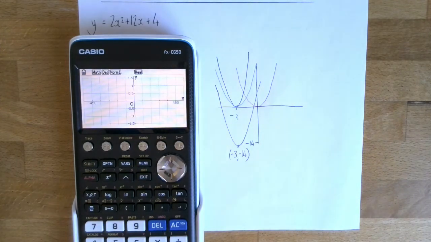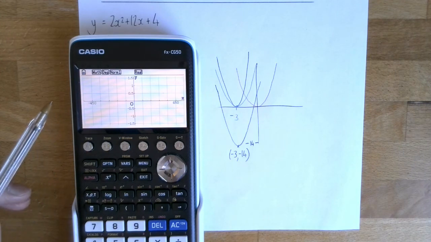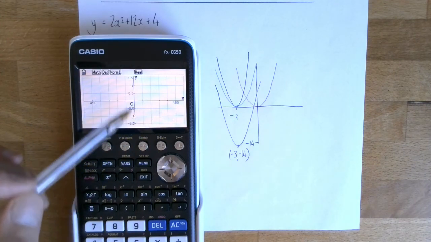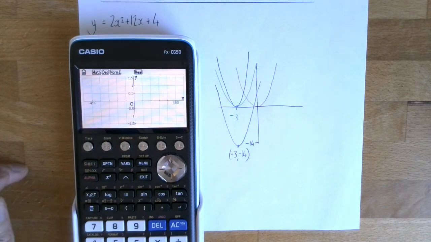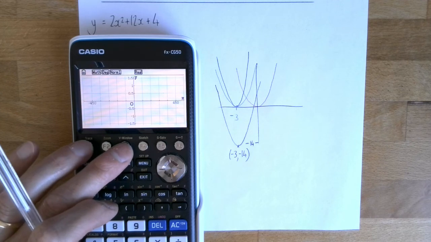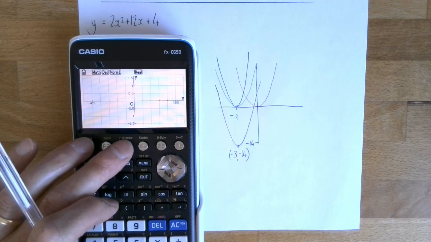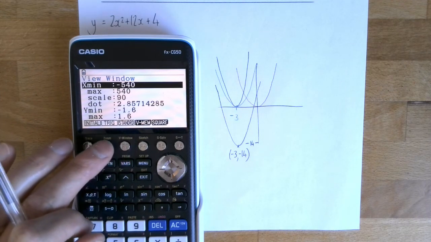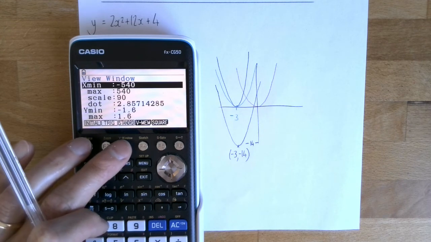Can't see it. And that's because the last thing I plotted was a trig function, a sine or a cos curve, so my axes are really odd. They're scaled for trig. So I'm going to go to the V-window button, which is where you set up your axes. And you've got two really useful buttons here, trig and standard. Trig sets it up with a decent set of axes for trigonometric functions, and standard is for normal functions like this.